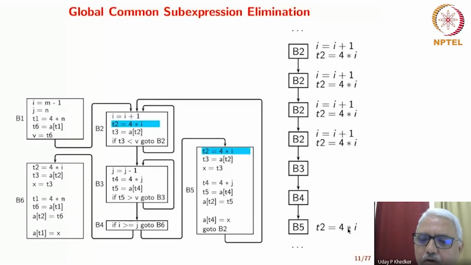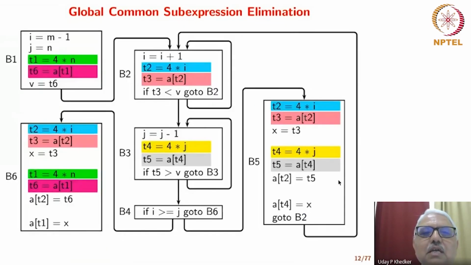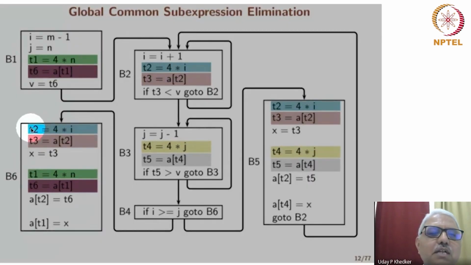Okay. So for now we will proceed. We're talking about these two, the last and the first occurrences. For now we will assume that there is a way of doing it, and therefore we observe that we can get rid of this. T2 is equal to 4 star I, we can get rid of this. T4 is equal to 4 star J, we can get rid of this, as well as we can get rid of this.